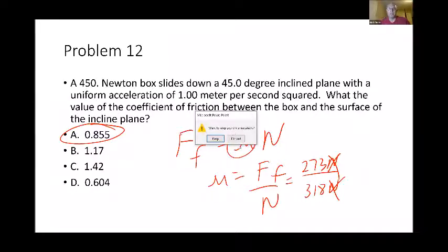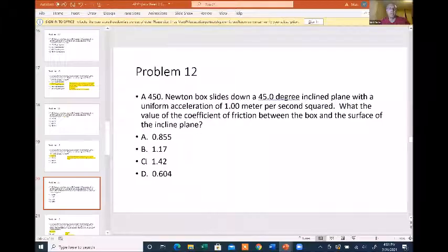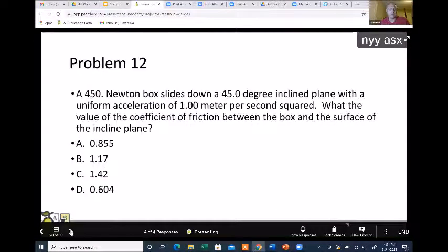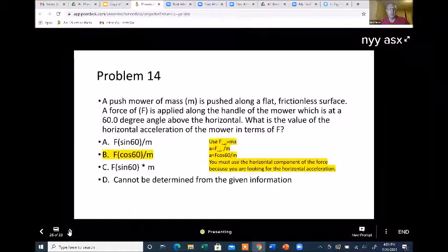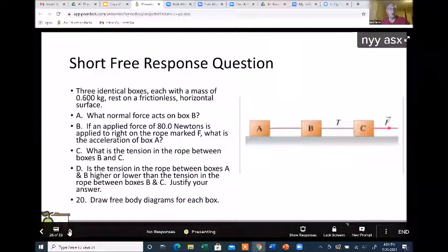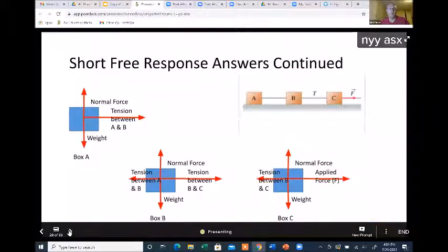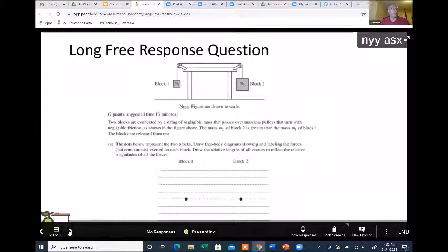All right, I want us to skip to an FRQ here at the end. So let's get back to our Pear Deck. Again, I'm skipping a couple of problems. Here's the one I want us to look at.